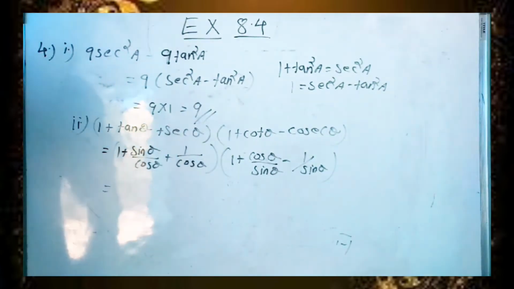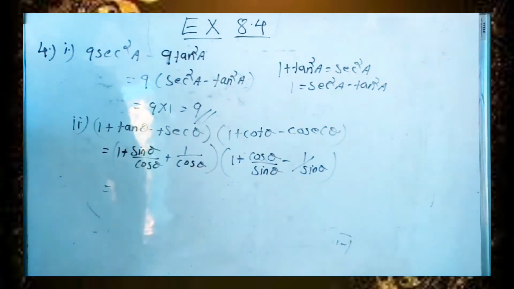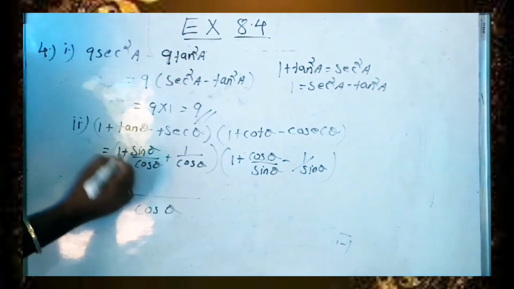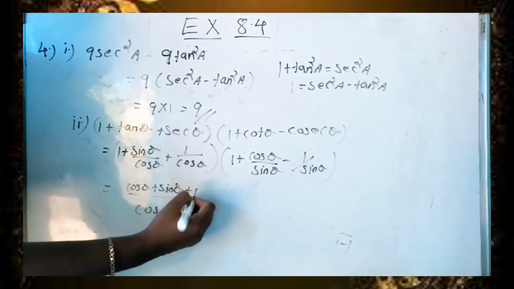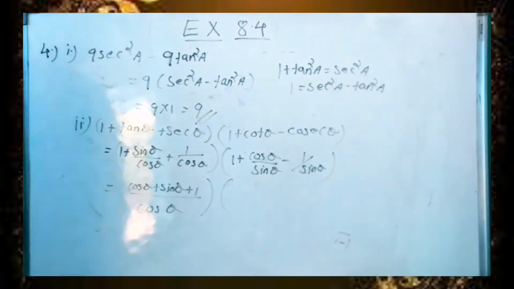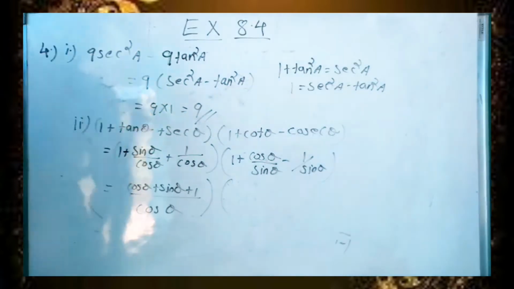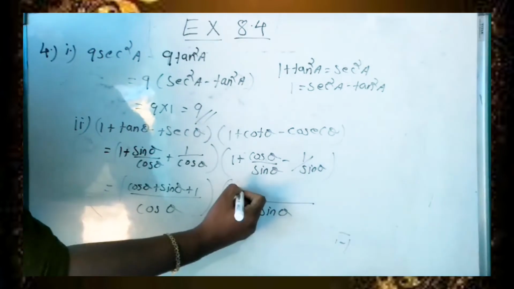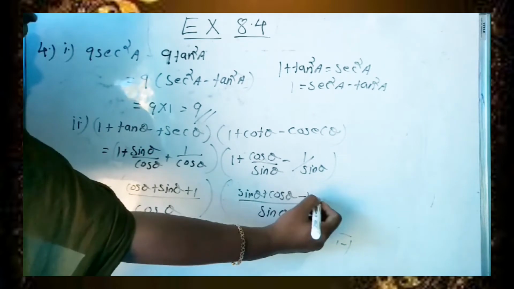Okay, and now just take LCM in the first term, and in second term and third term we have cos theta in the denominator. So we will make the denominator cos theta. Then the first term becomes cos theta, the second term sine theta plus 1. Now take LCM in the second term. We need to make the denominator sine theta. So sine theta, the first term we need to multiply it by sine theta. So sine theta plus cos theta minus 1.